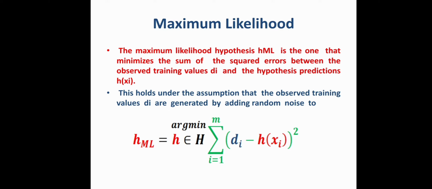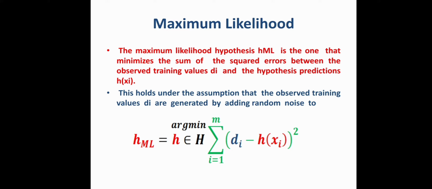The maximum likelihood hypothesis h_ML is one that minimizes the sum of squared errors between the observed training value d_i and the hypothesis predicted value h(x_i).